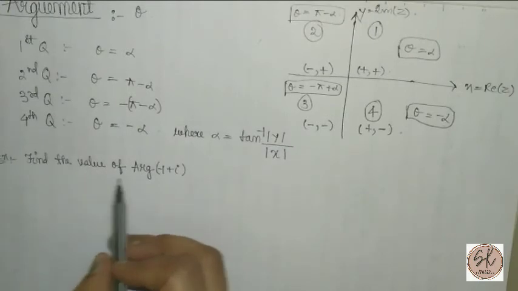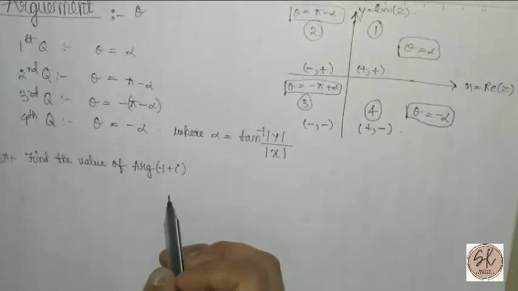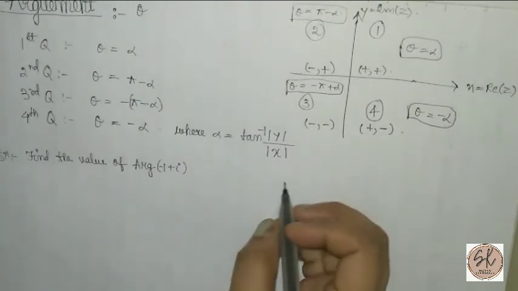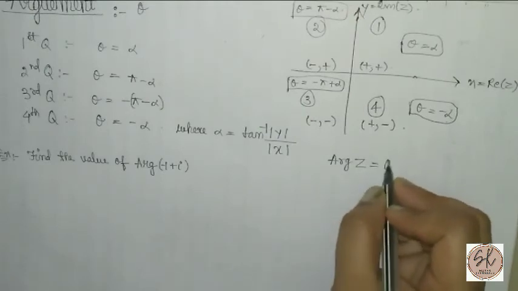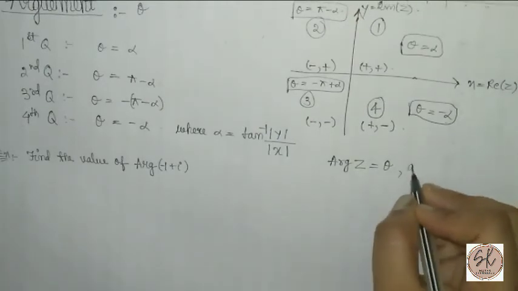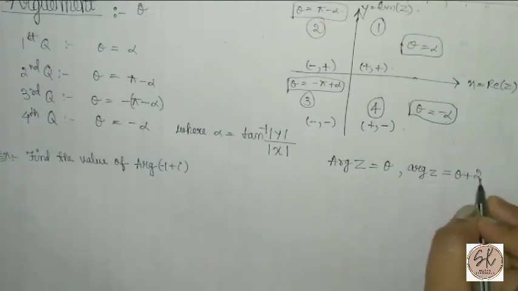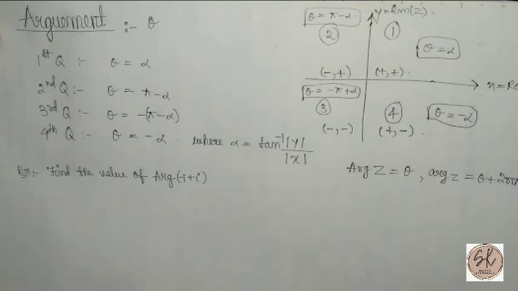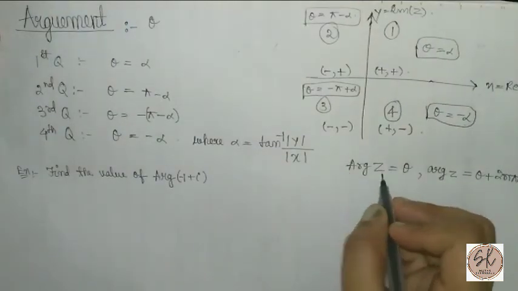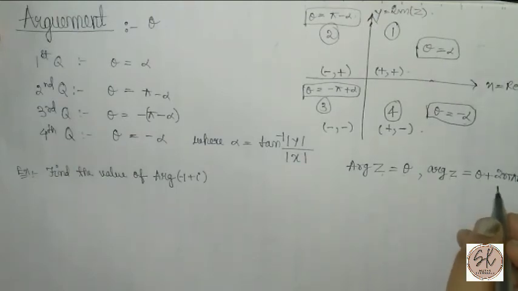Here we are asked to find the value of arg of minus 1 plus i. Okay, so here capital Arg z is equal to theta and small arg z is equal to theta plus 2n pi.